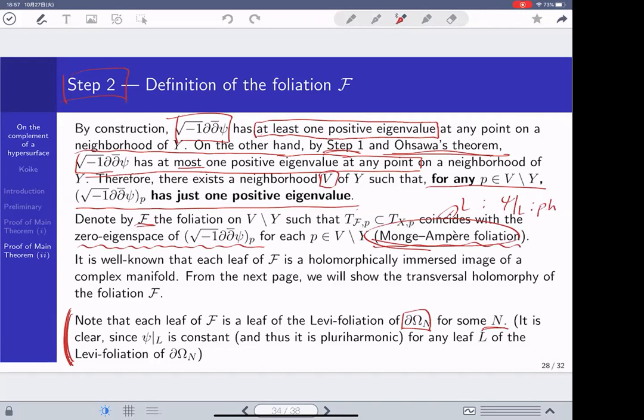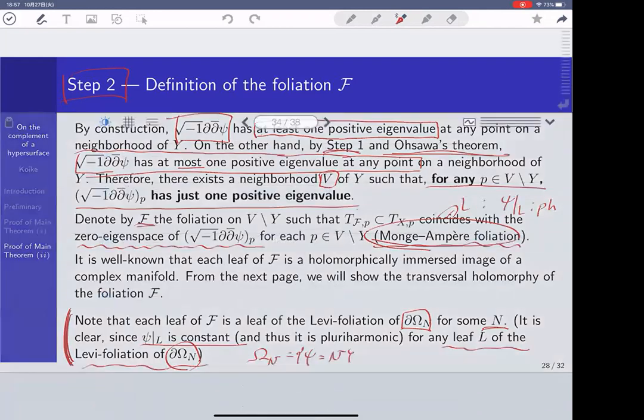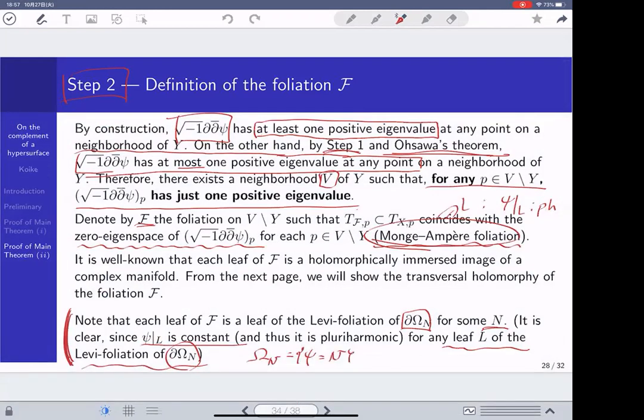And for any leaf L of the Levi foliation of the Levi-flat hypersurface, the boundary of omega n, psi restricted to L is constant, because omega n is the set defined by psi equal to n. It is very, very clear. That's why any leaf of F is also a leaf of the Levi foliation of this Levi-flat. That's the key point.